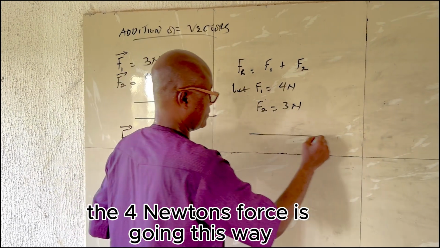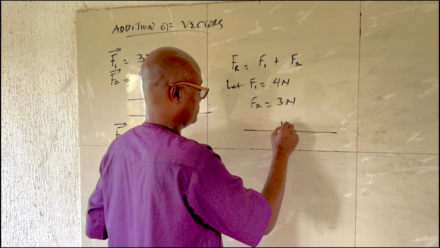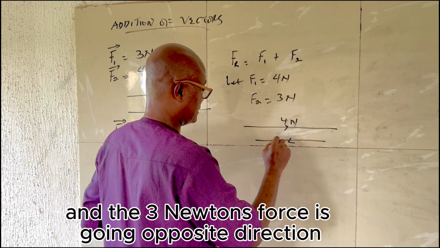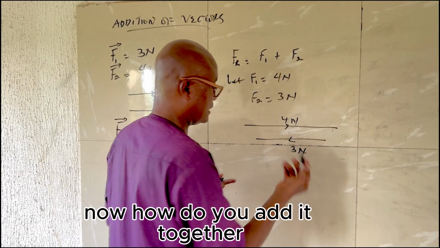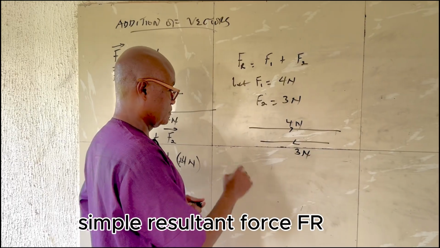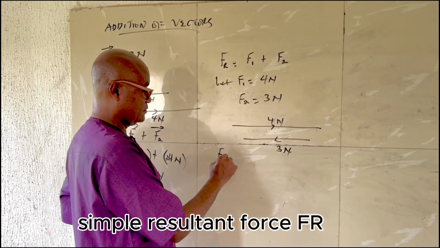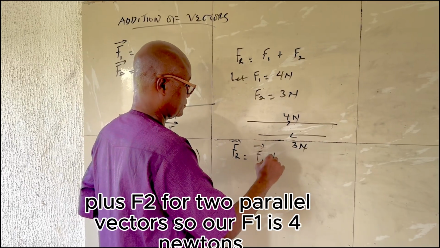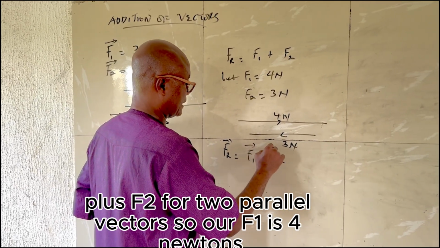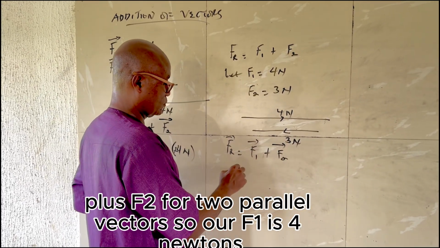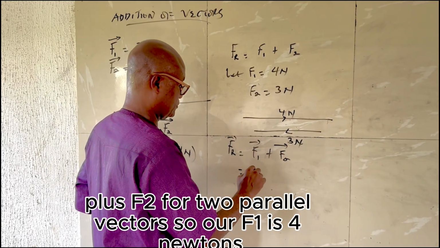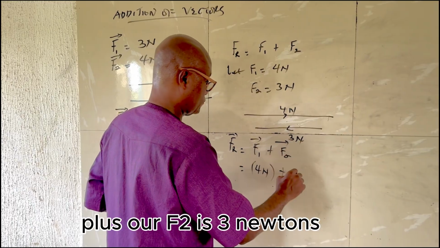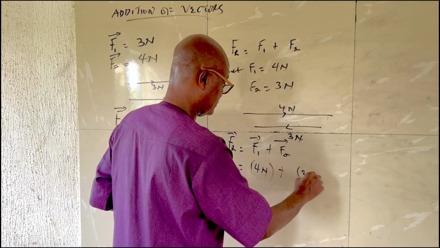The 4 newtons force is going this way, and the 3 newtons force is going in the opposite direction. Now, how do you have them together? Simple. Resultant force, Fr, we have said F1 plus F2 for two parallel vectors. So, our F1 is 4 newtons plus our F2 is 3 newtons.